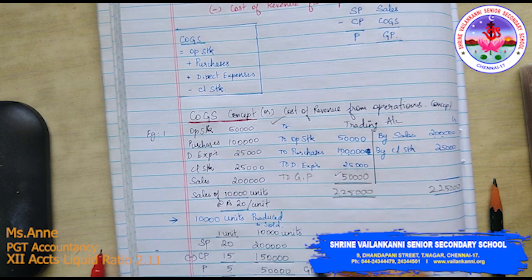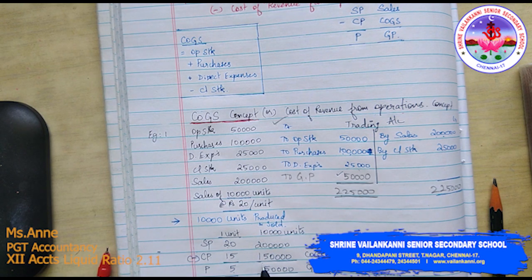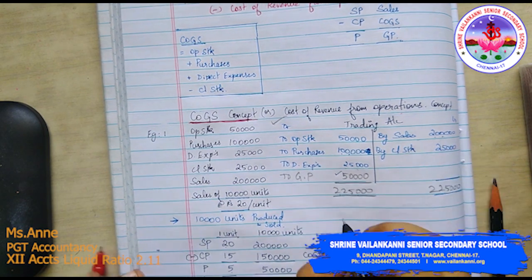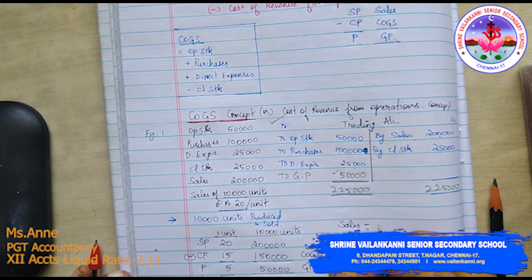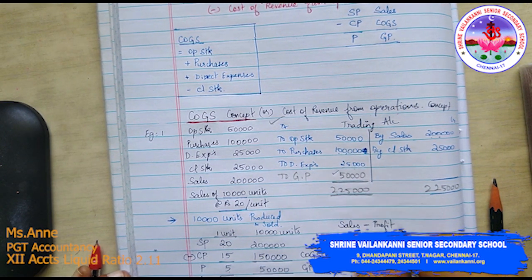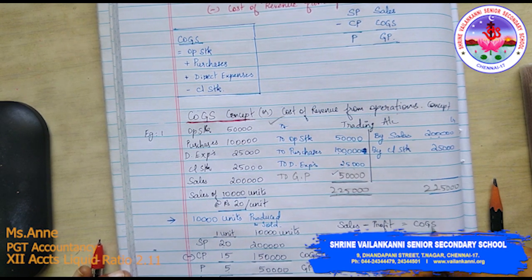Now this is the gross profit that we have found. What is the cost of sales? Cost of goods sold is nothing but 1,50,000. So if we eliminate profit from the sales, we will get cost of goods sold.